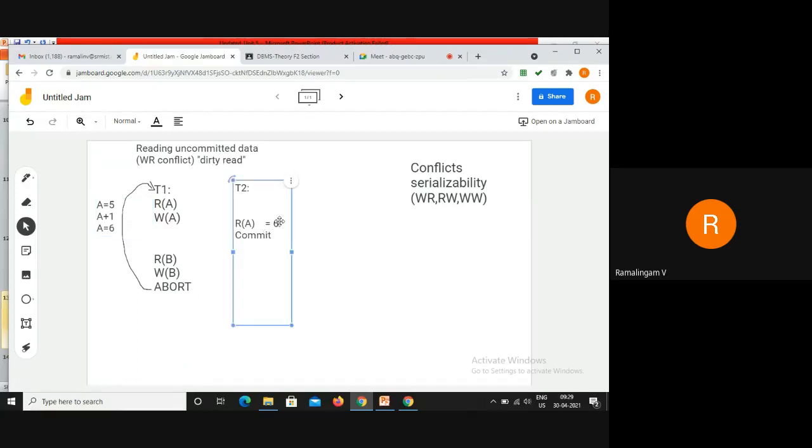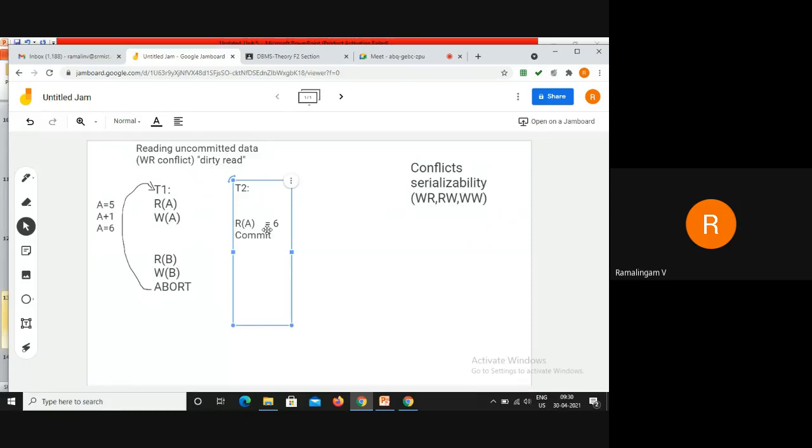We are trying to read the value of A, but the value of A is not 6, the value of A is 5. So that is why it is called a dirty read. This is the first problem, the write read conflict, that is, reading uncommitted data.